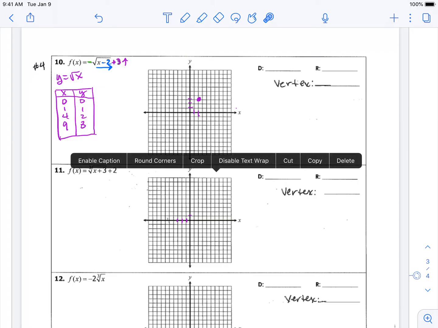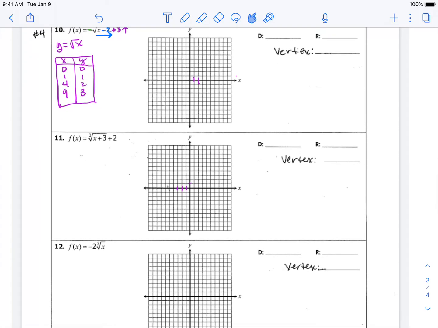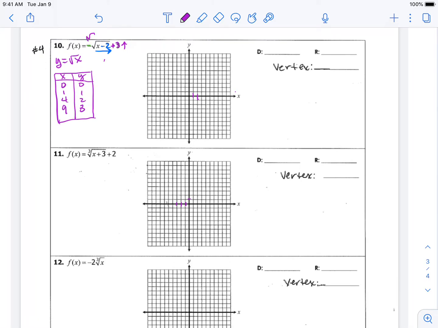And then I'm going to deal with this. Okay, so I'm going to deal with that negative sign right there.